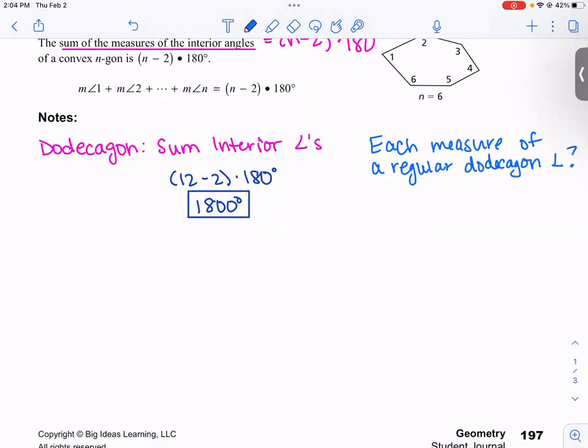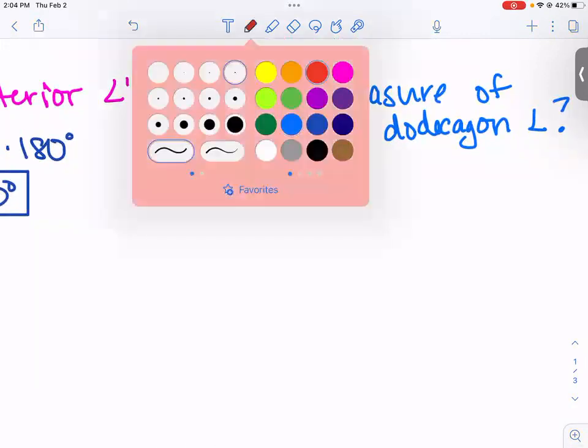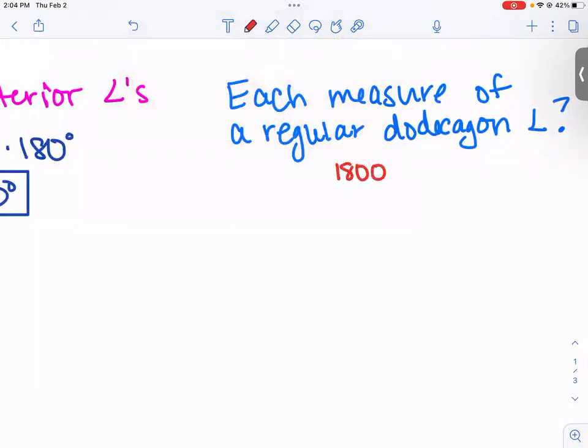Okay, Gavin, divided by what? Okay, so how many angles are in a dodecagon? Oh, okay, so I'm going to take 1800 degrees and divide it by 12. What is that?